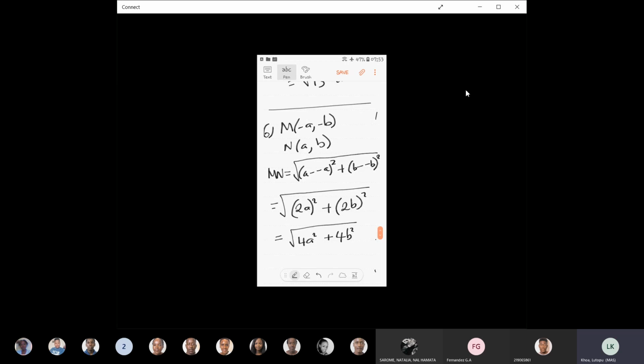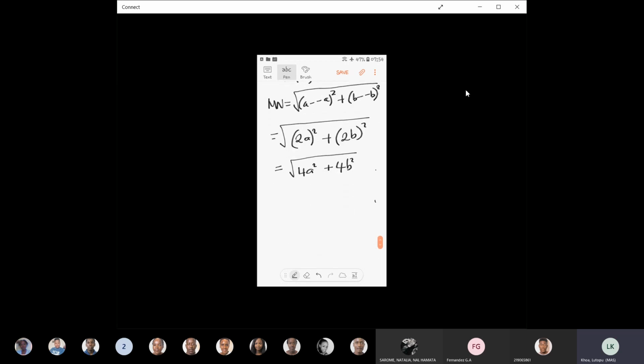Now I can see that 4 is a common factor, so I can factorize it. This is equal to the square root of 4(A squared plus B squared). And when we're taking the square root of a product, you can always split it like this: the square root of 4 times the square root of A squared plus B squared.